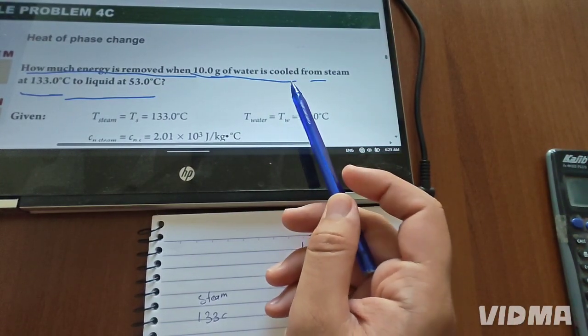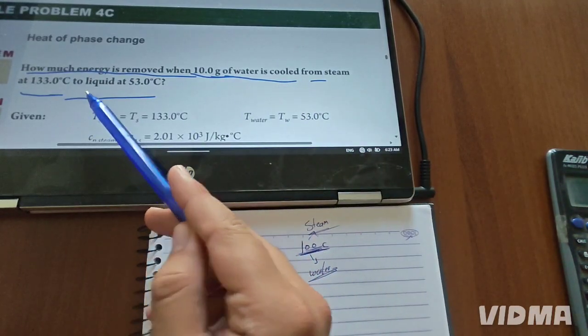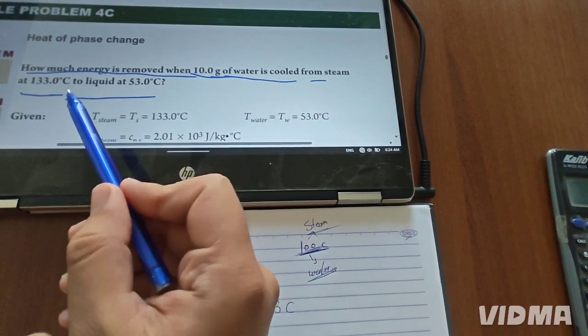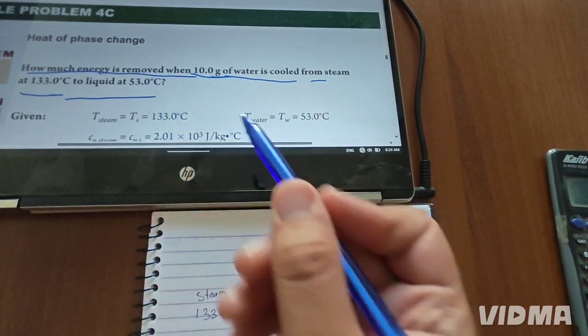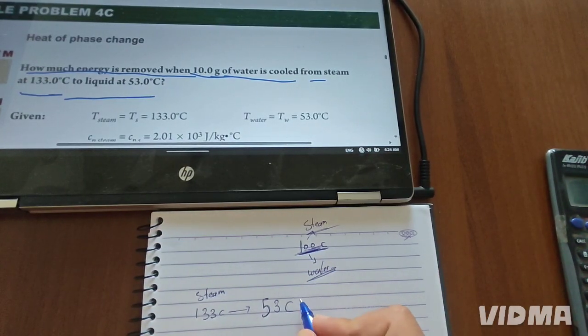We need to cool this state of matter. The water is cooled from steam to liquid. So here we have steam. We need to decrease the temperature until it becomes 53 Celsius. Of course it is certainly liquid at 53 Celsius, because it is less than 100, so this is liquid.